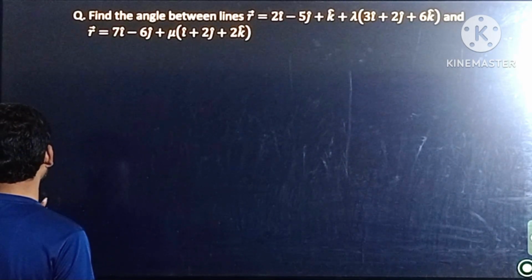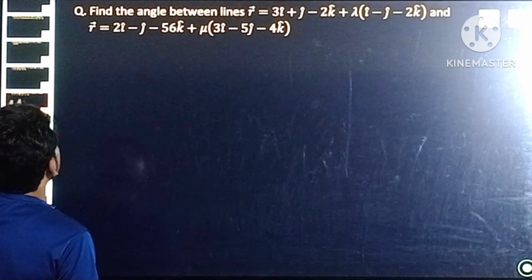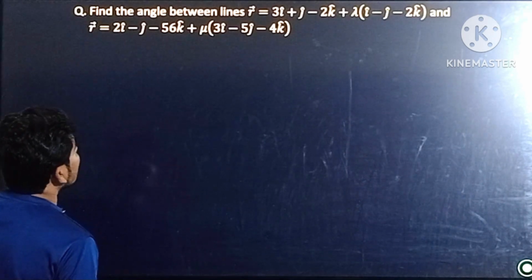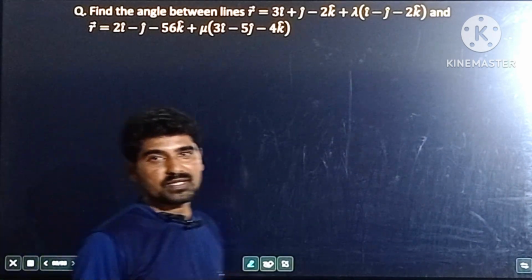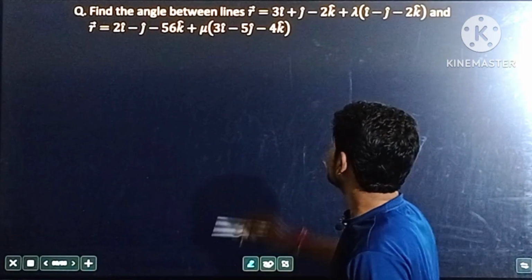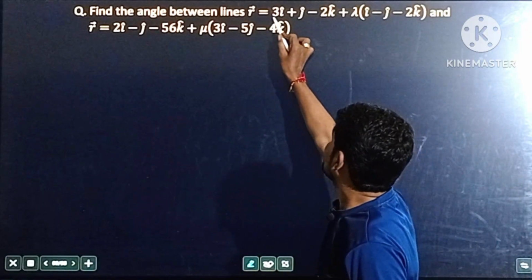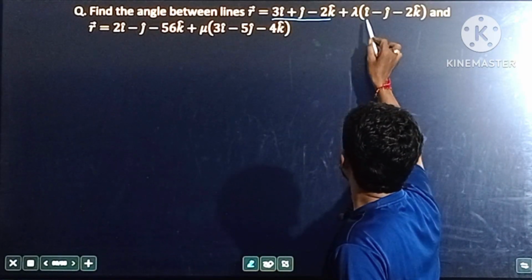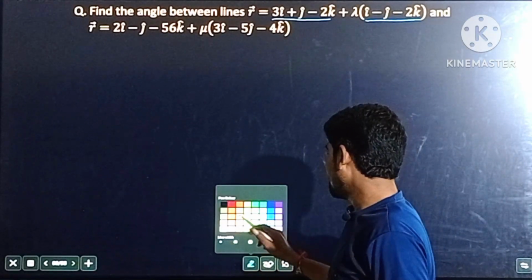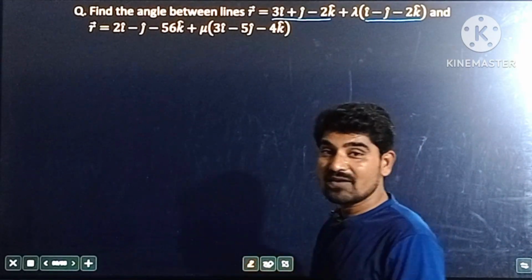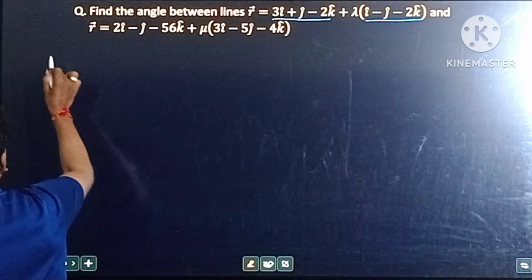And the next question is, find the angle between the lines. In this question also we need to identify the angle between the given lines, where the first line is r vector equals 3i plus j minus 2k plus lambda times i minus j minus 2k. So by comparing the first line with its standard form, we got the b1 vector.